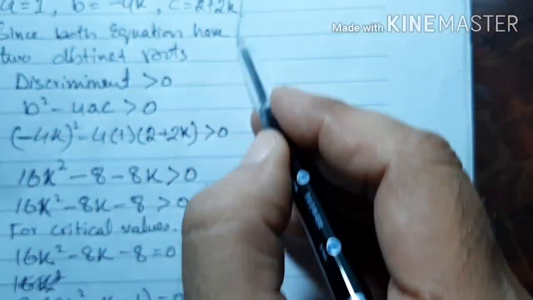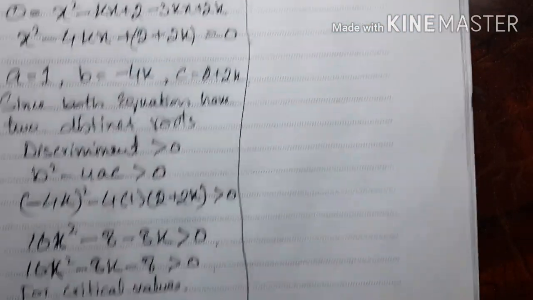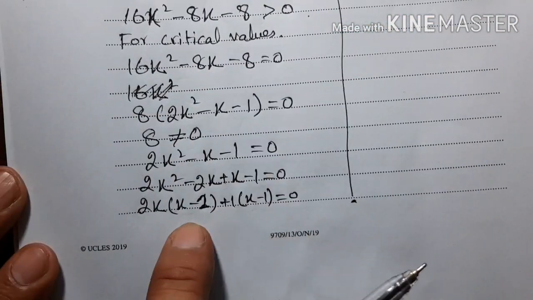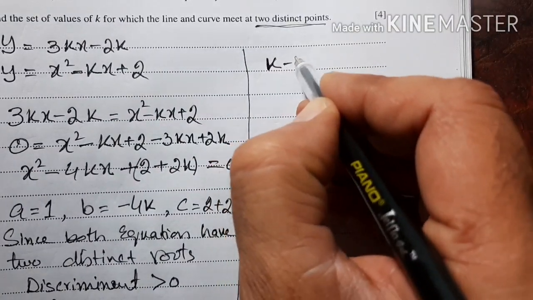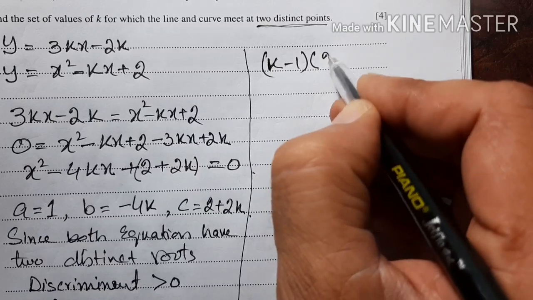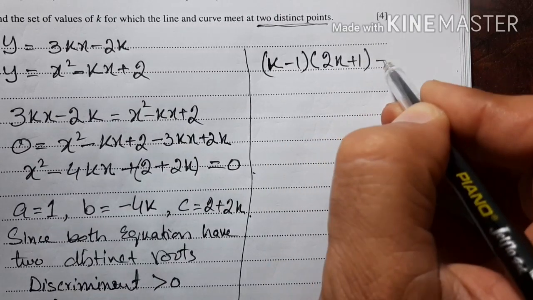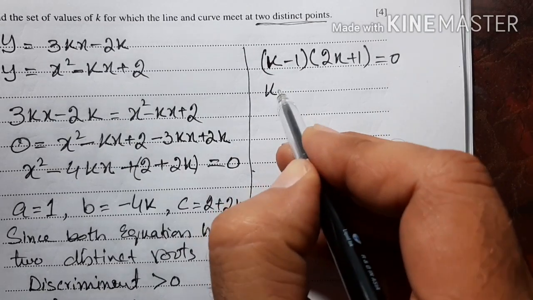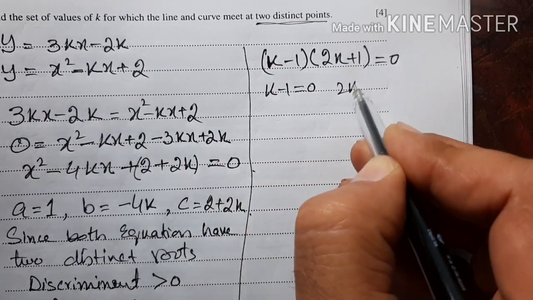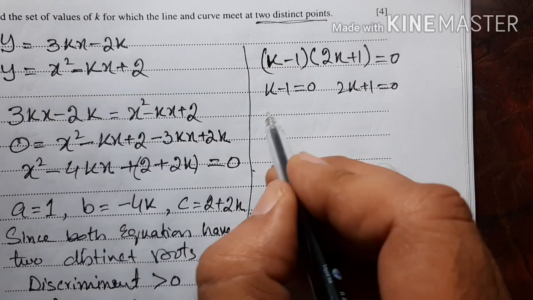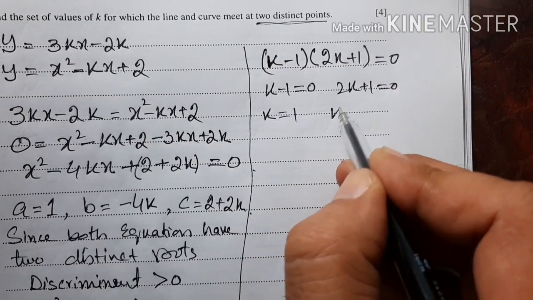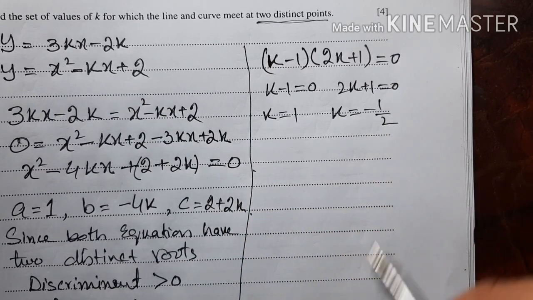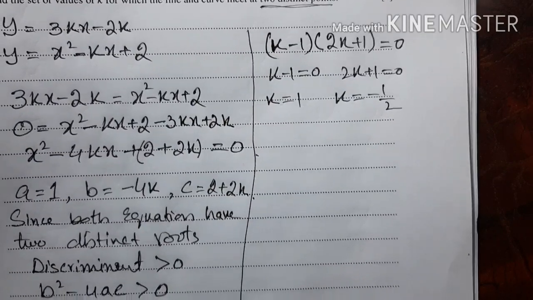So I'll take k minus 1 common as well. So I will be left with 2k plus 1 is equal to 0. This will give me k minus 1 is equal to 0, 2k plus 1 is equal to 0. So k is equal to 1, k is equal to minus 1 by 2. These are my two values.